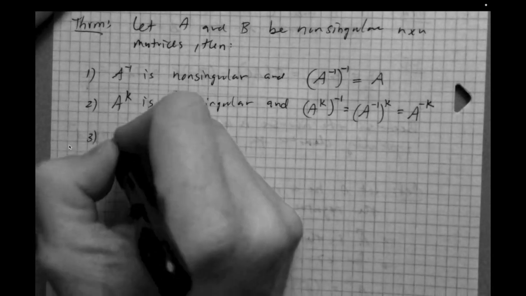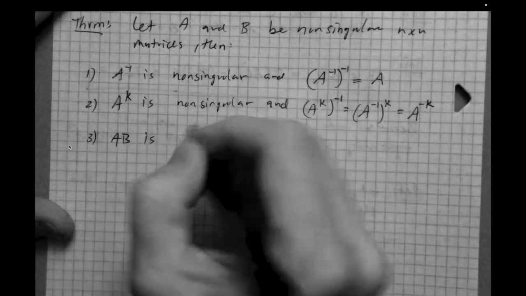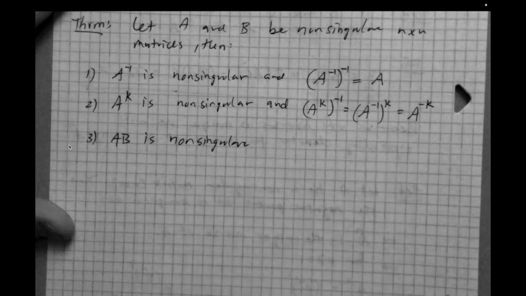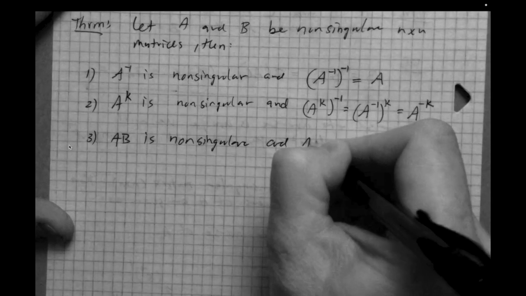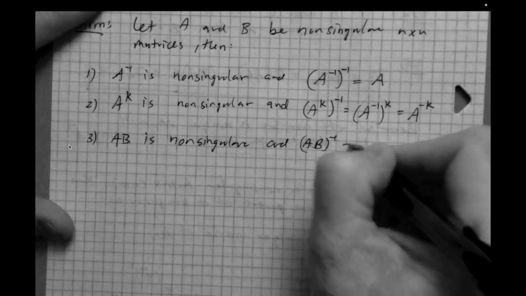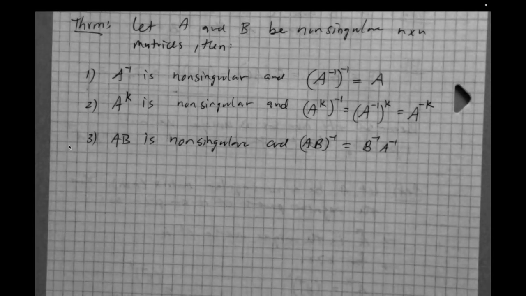If two matrices are non-singular, then their product is non-singular as well. So if I multiply A and B together, that is a non-singular matrix, and AB inverse is equal to B inverse A inverse.